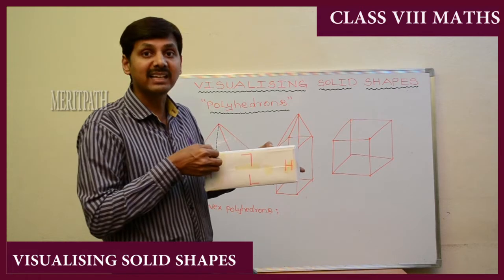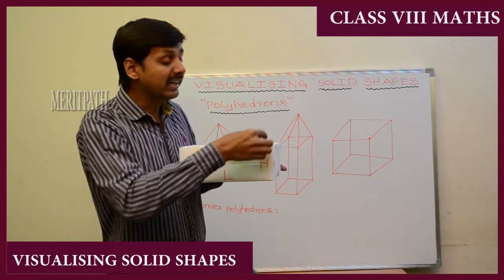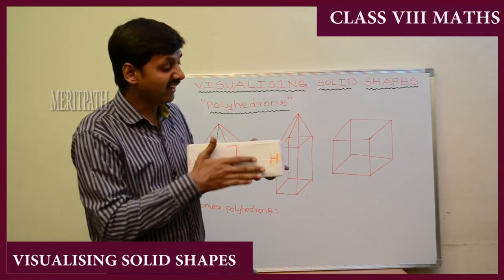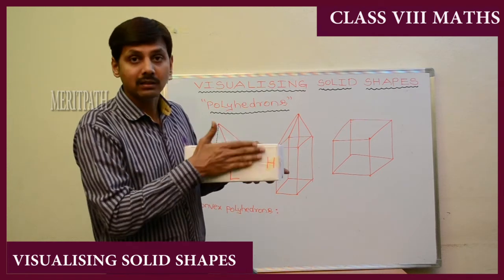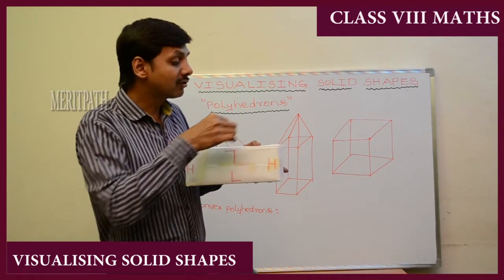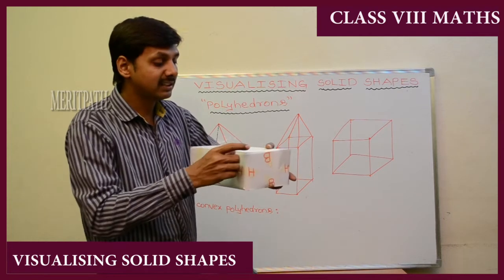So we call this an edge. Where these edges join together, we call it a vertex. This is a corner, and where these corners join together, we call it a vertex. So this is one of the vertices.